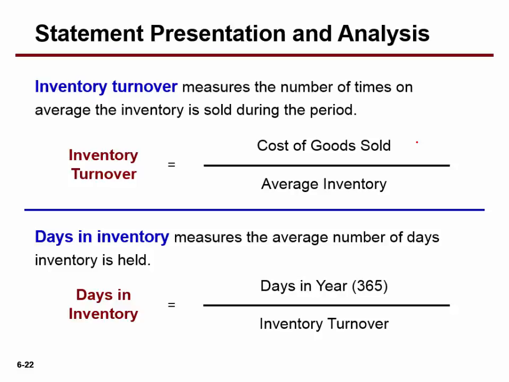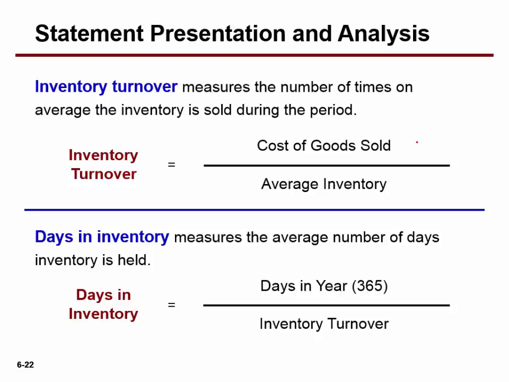First you figure out how many times they turn over their inventory. The inventory turnover is your cost of goods sold divided by your average inventory. Average inventory is your beginning inventory plus your ending inventory divided by 2, right? Once you have the average inventory, you divide that into your cost of goods sold. That says how many times you turned over your inventory.